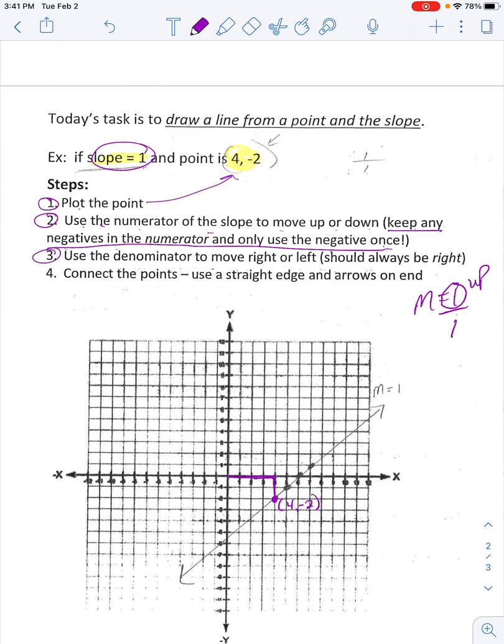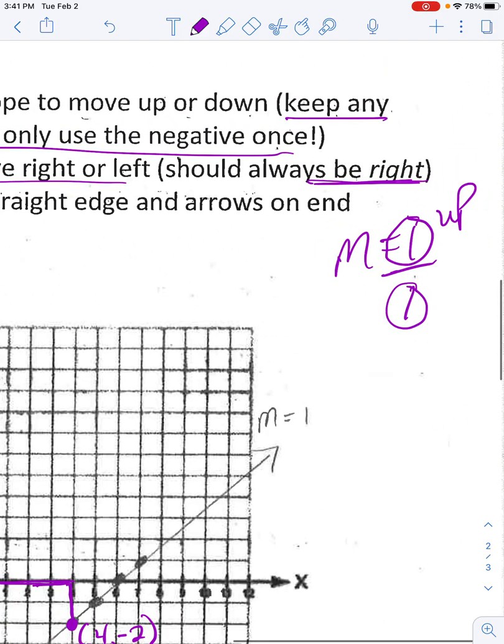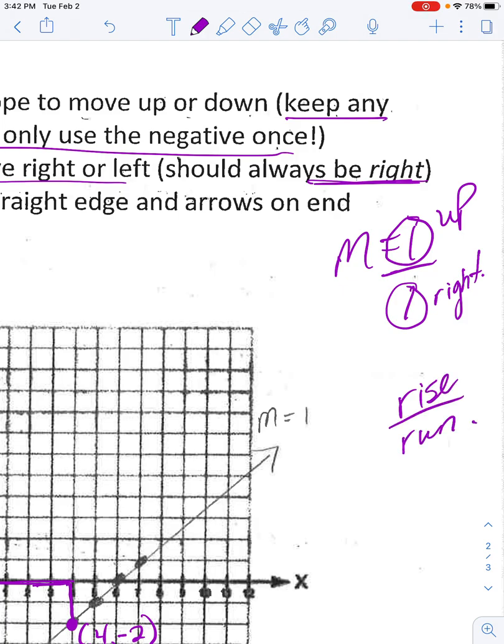Step 3, the denominator tells you to move left or right. We're always going to go right, since it's a positive number. Run 1. And this is where the saying rise over run comes in.